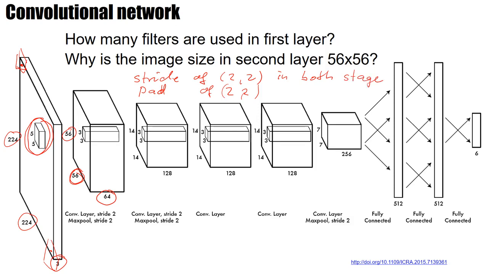So 224 divided by 4 gives 56. So that's what they used. And then it continues. Now it's 128 filters, and here it doesn't go down. They just do several of these stages. And finally, we have 2 layers of fully connected before we go to the actual classification, which seems to be here only 6 classes.